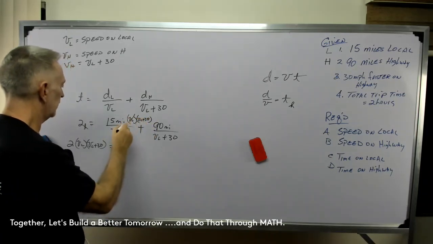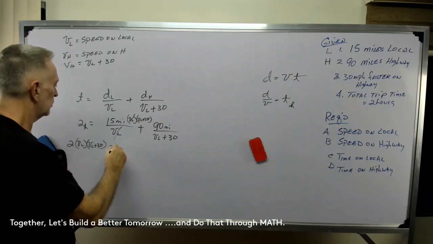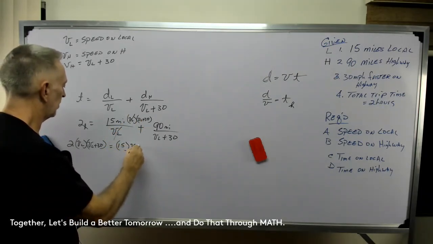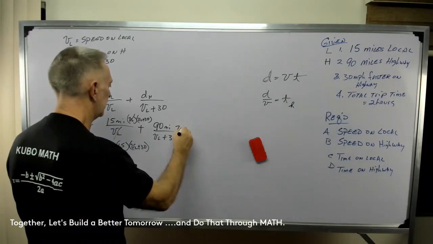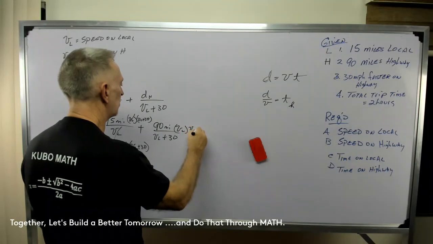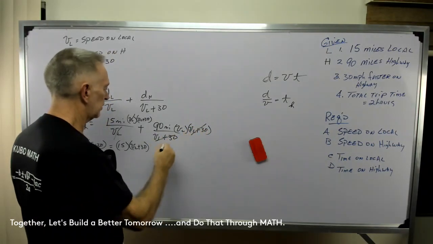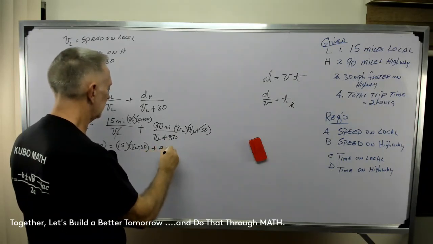You'll notice the V sub L's cancel, so that ends up 15 times V sub L plus 30. And if I multiply this one by V sub L plus 30, then the V sub L plus 30 is canceled, and that's plus 90 V sub L.